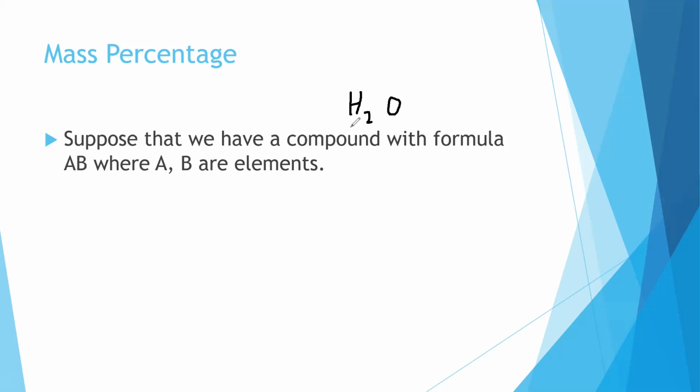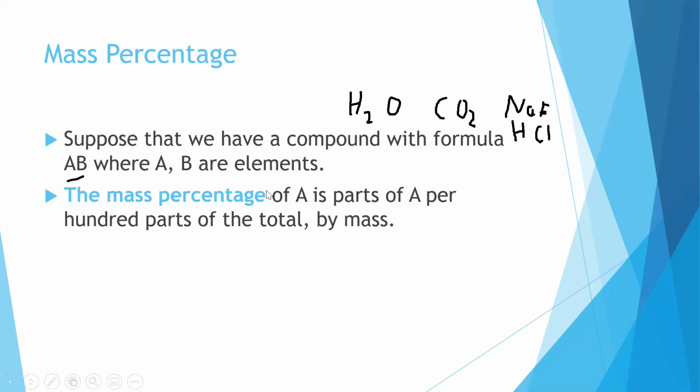A would be H and B would be O. But AB can be anything. It can be CO2. It could be NaF. It could even be HCl, which is the hydrochloric acid that we calculated in the previous problem. So this format can be any compound in the world, basically, as long as A and B are elements.